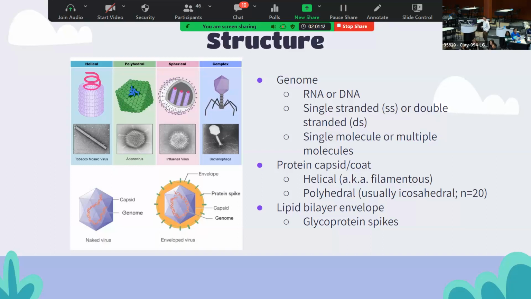And you also have complex ones like bacteriophage, but not super necessary to know. You've also got a lipid bilayer in some viruses which surrounds the nucleocapsid, and they also contain glycoprotein spikes, which are the spiky bits. And they use those to enter the host cell.